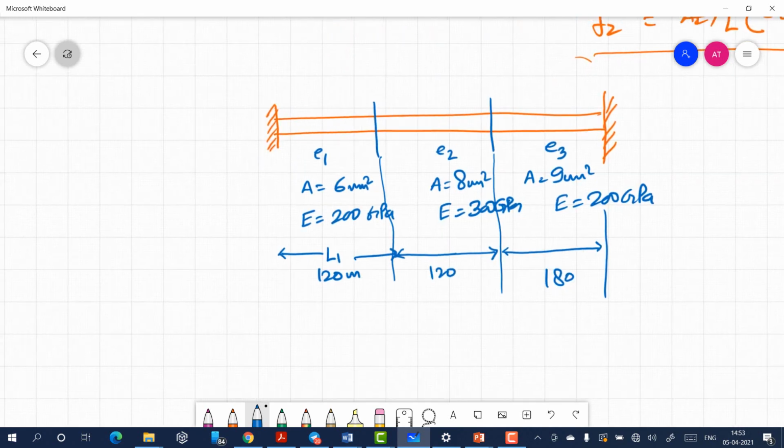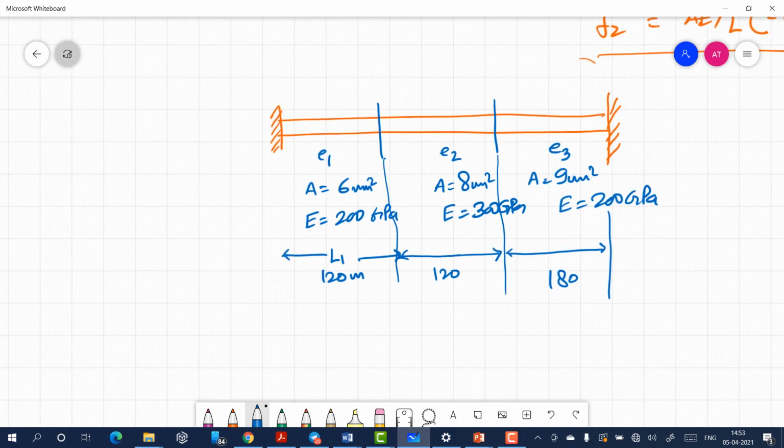So these are the three different lengths, areas and elastic moduli. Now let us also apply some forces. Here let us apply a force of 300 newtons, and here a force of minus 125 newtons. So this is our problem, and now let us try to solve it one by one.